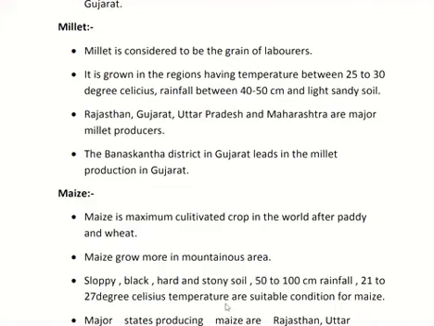After that, maize is the food grain cultivated in the world in maximum quantity after paddy and wheat. मेज इज मकई. मेज किसको कहा जाता है? मकई को कहा जाता है. Maize grows more in mountainous areas. ज्यादातर पहाड़ी इलाकों में इसका cultivation होता है.